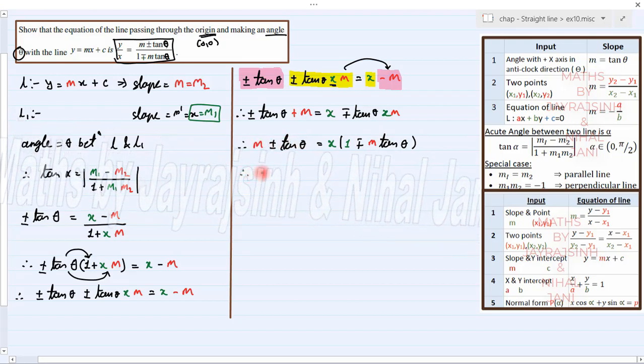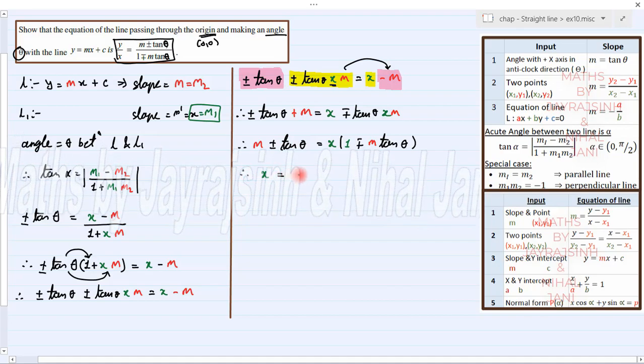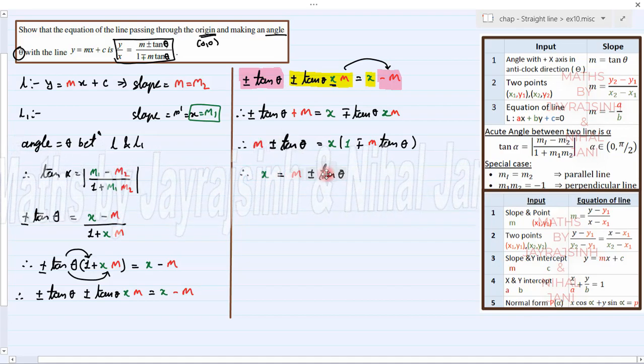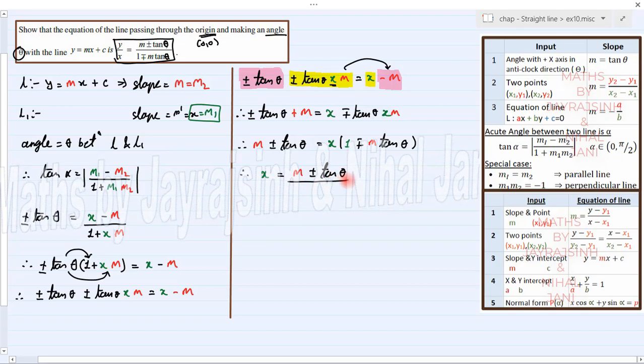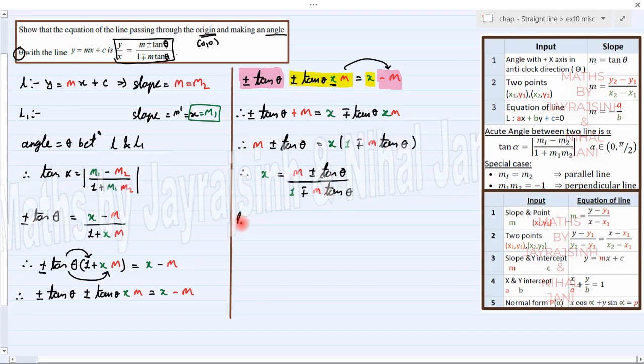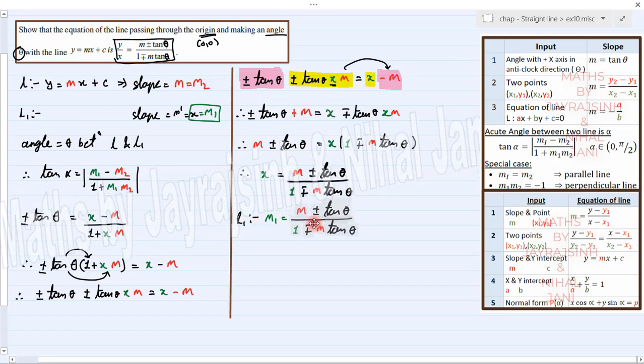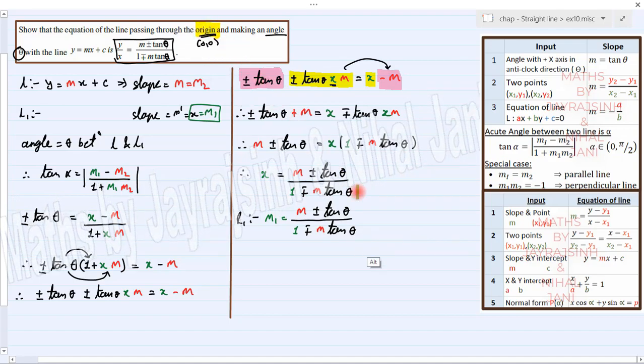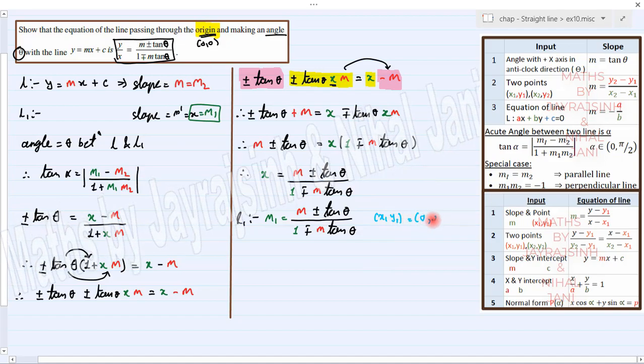So we can say your x is equal to m plus or minus tan theta upon 1 minus plus m tan theta. So we can say we get the slope of our unknown line, and it is already given that it is passing from point 0, 0.